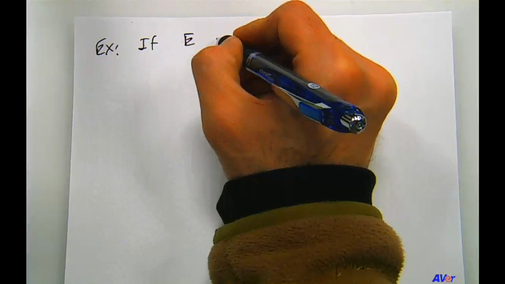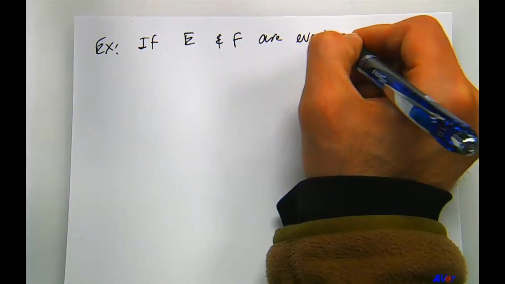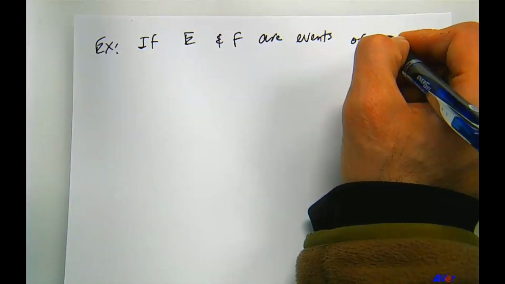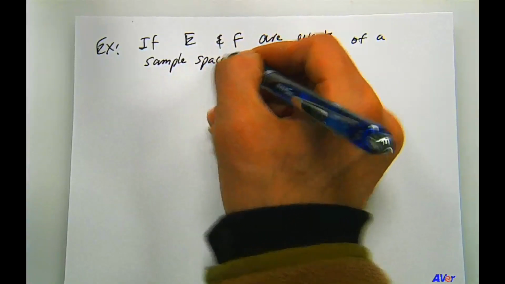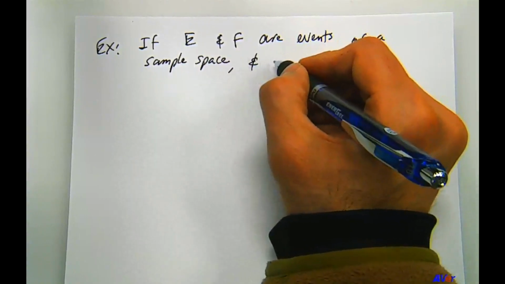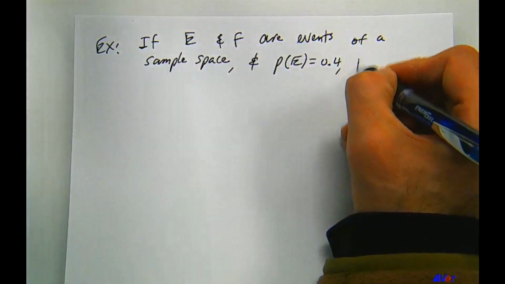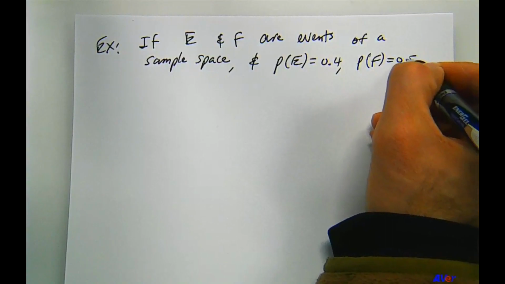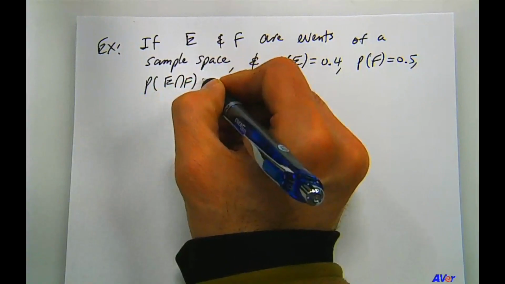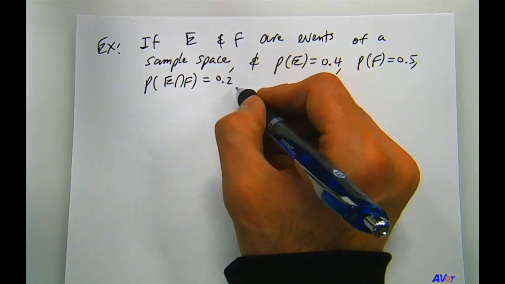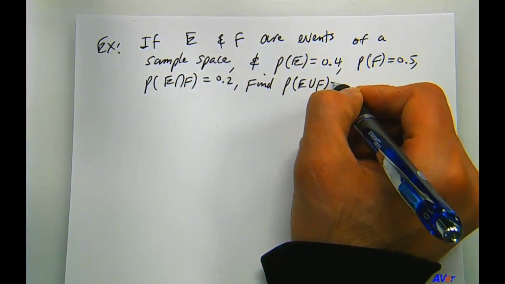Suppose E and F are events of a sample space, and probability of E is equal to 0.4, probability of F equals 0.5, probability of E intersection F is equal to 0.2. Find probability of E union F.